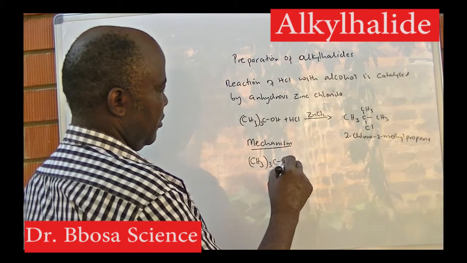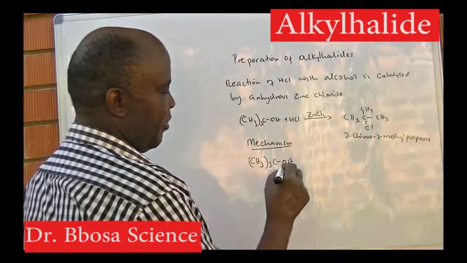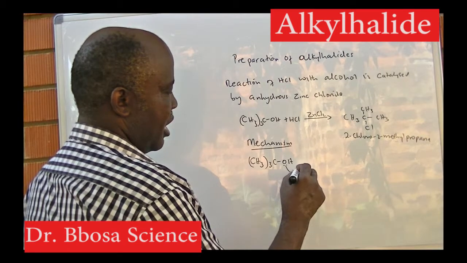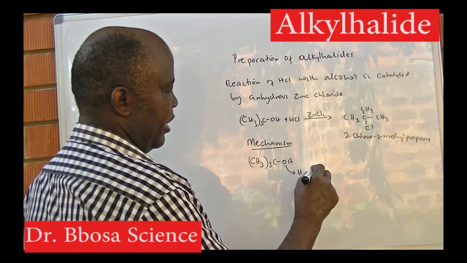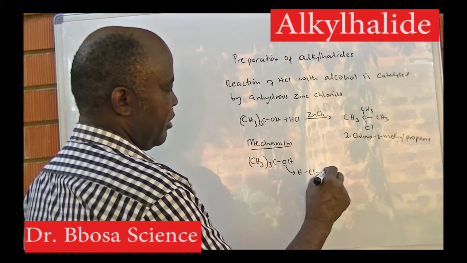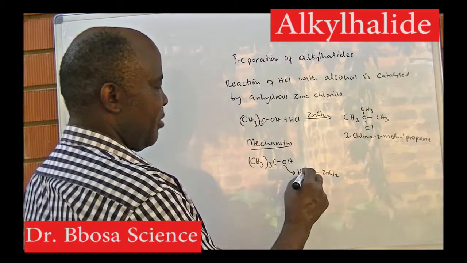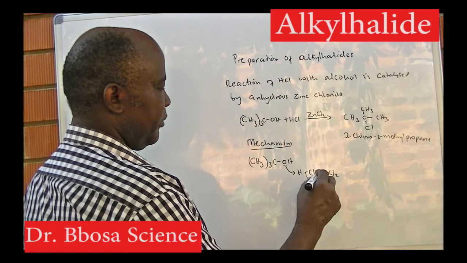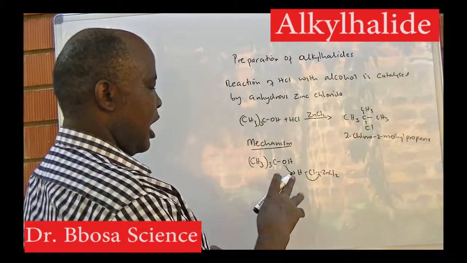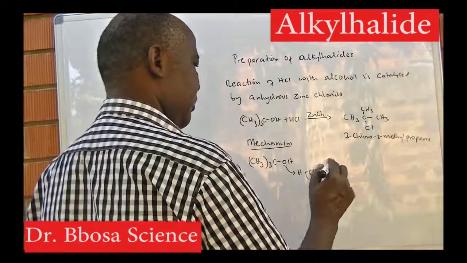The alcohol uses a pair of electrons to abstract a proton from HCl, which is bonded to zinc chloride. The bond between hydrogen and chlorine will break.